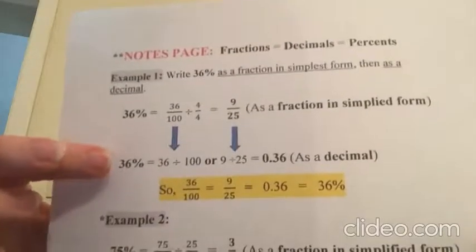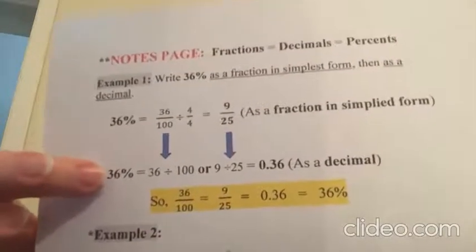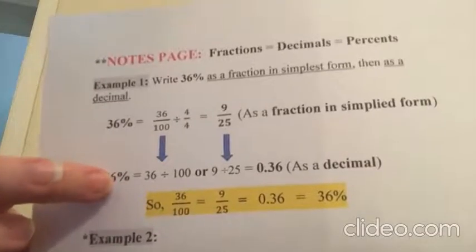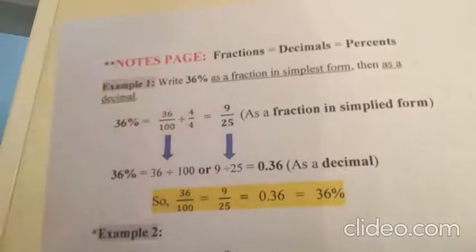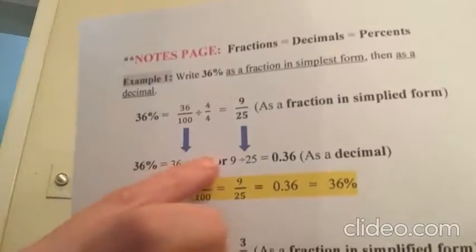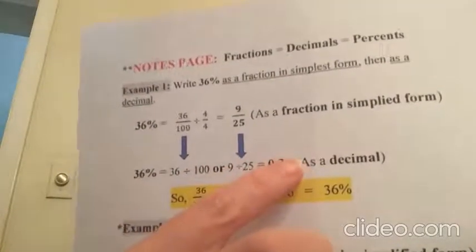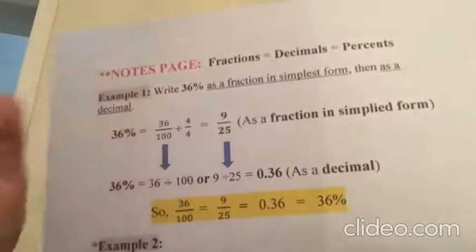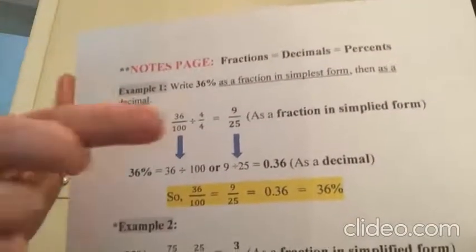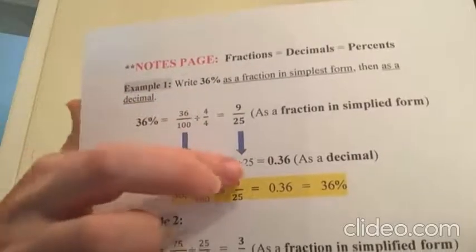Okay, and then to change to a decimal, 36% is still 36 over 100, which 36 divided by 100 is 0.36. If you go from your fraction in simplified form, all you have to do is say 9 divided by 25.